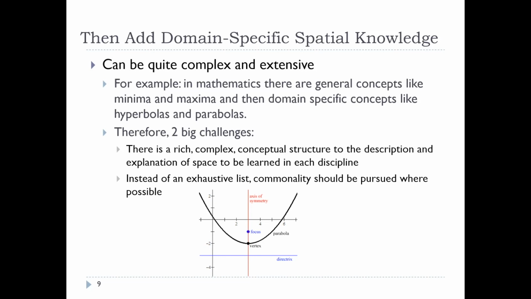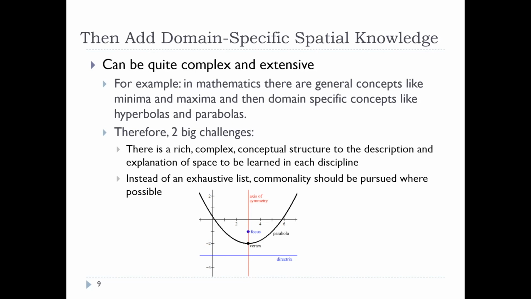But when you start talking about parabolas, people are like, I don't know what a parabola is, or you start talking about the Pythagorean theorem or something like this. So there are some challenges there because there's this rich, complex conceptual structure for that specific discipline to explain the space for that specific discipline, and it can be challenging.